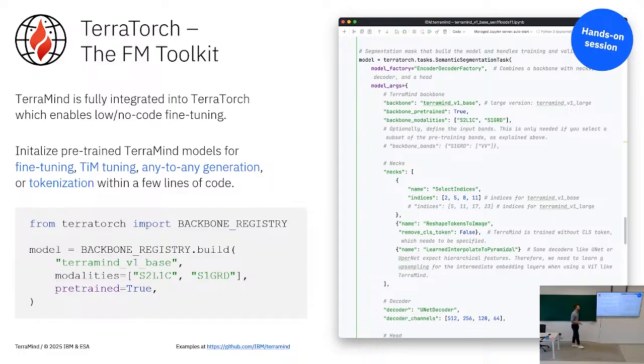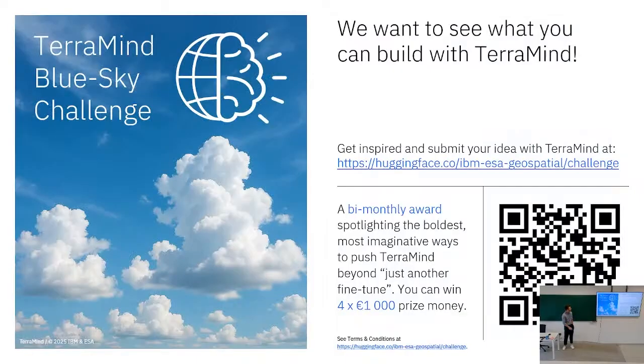If you're even lazier than that, you can just specify one config, and we have tons of configs in the GitHub repo for TerraTorch. You can take that as inspiration, adapt it to your use case, and then run terratorch fit to use that.